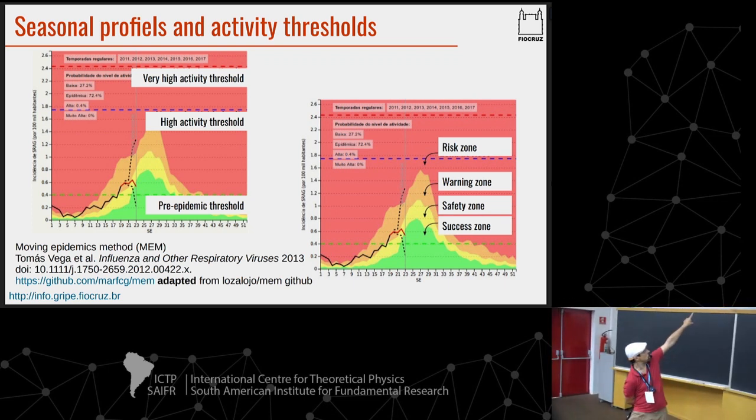The green horizontal line is the pre-epidemic threshold that we discussed using the MEM method, right? So whenever the number of cases is above that line in any week, once it crosses that barrier, I expect cases to go up, okay?